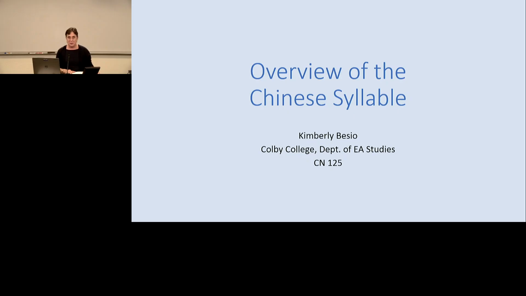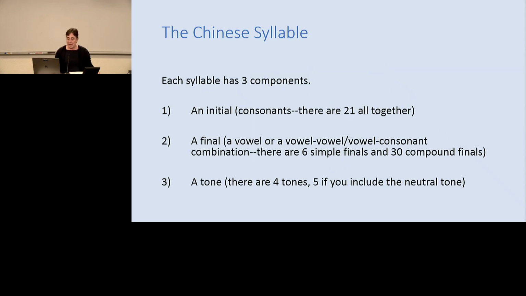All right, we're going to do an overview of the Chinese syllable. The Chinese syllable has 3 components. So each syllable has 3 components. It has, first of all, an initial, and that will be a consonant. And there are 21 different initials altogether. Okay? Second of all, you will have a final.